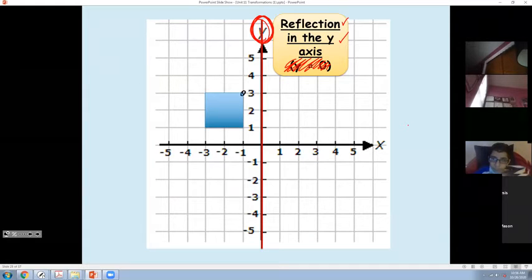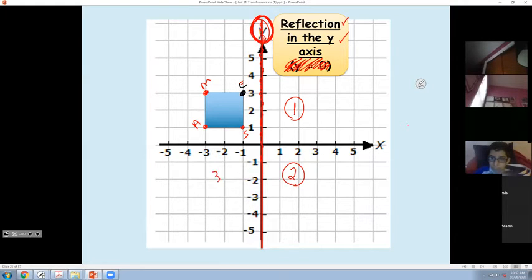Now, let's name this one. A for Ella, N for Maida, A for Amit, S for Selma. Now, if you reflect this one over the y-axis, do you think the reflection will be in the first region, or the second region, or the third region? What do you think?